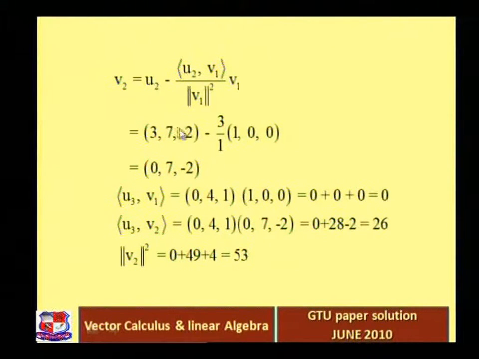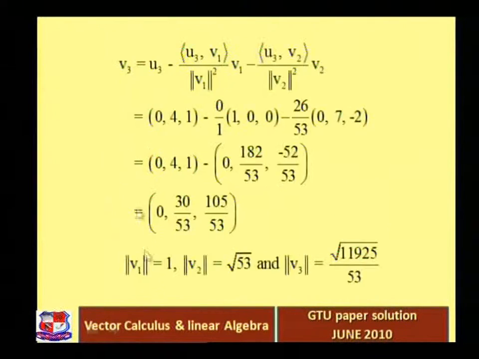Here is the formula: v2 is u2 minus inner product of u2 and v1 upon norm v1 squared into v1. And the formula for v3 is u3 minus inner product of u3 and v1 upon norm v1 squared into v1, minus inner product of u3 and v2 upon norm v2 squared into v2.